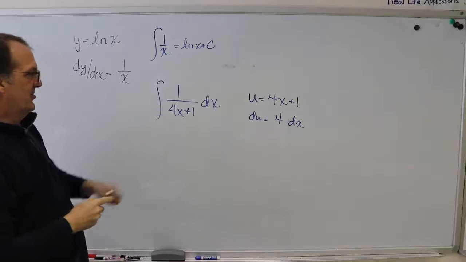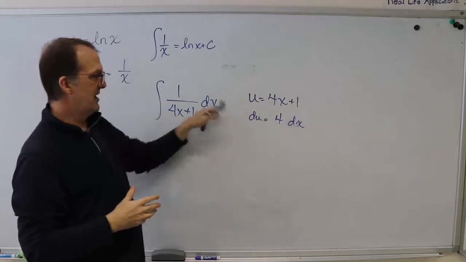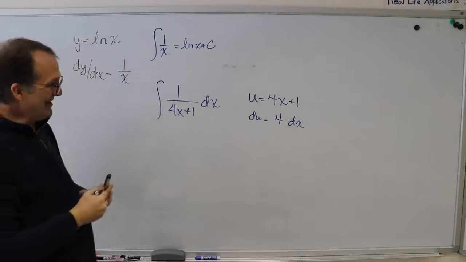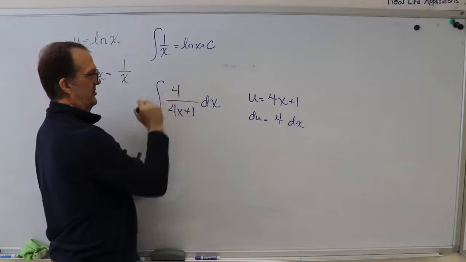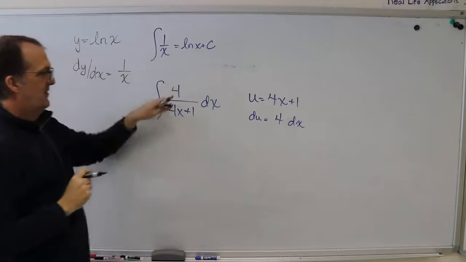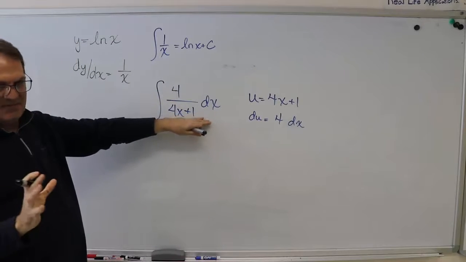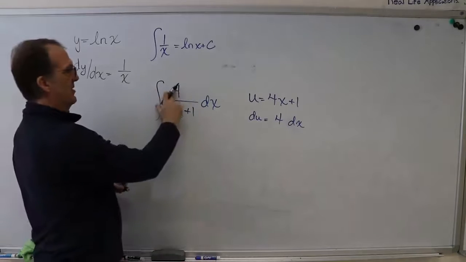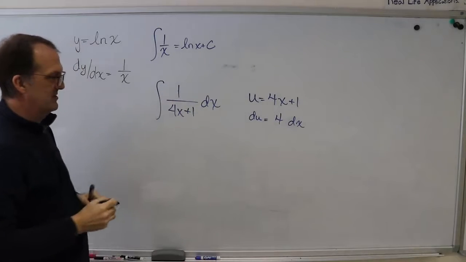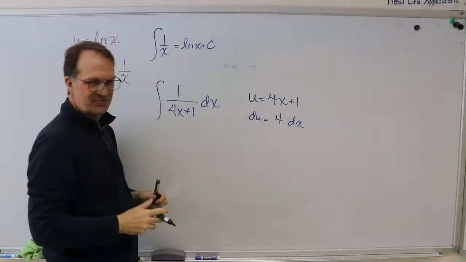And so what I see here is I don't have 4 dx. And where I would see it, if it happened, would be on top here. If that was 4 over 4x plus 1, then I'd be happy because there's 4 dx. So I have my du. But we just have 1, so I need to make this 1 dx.